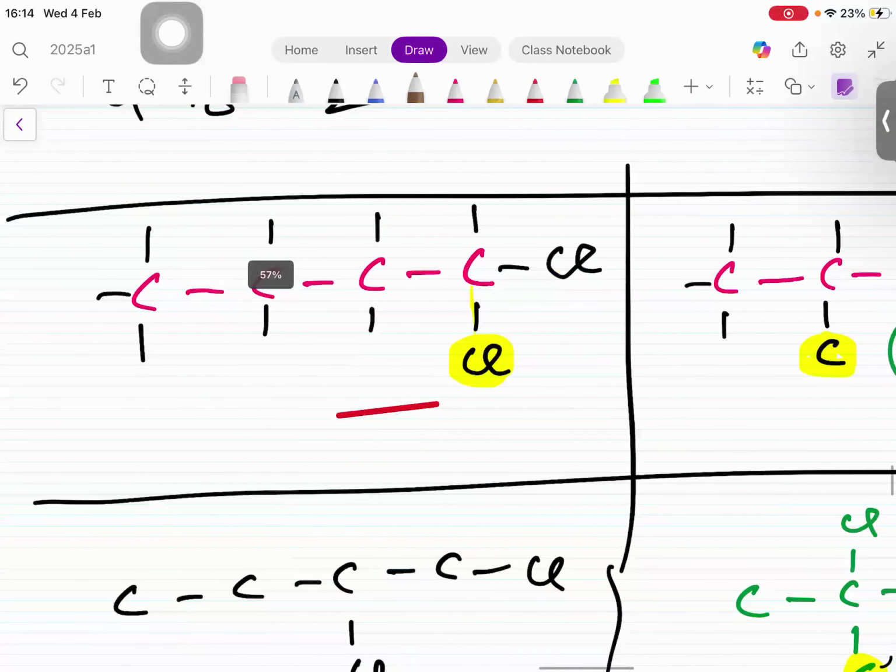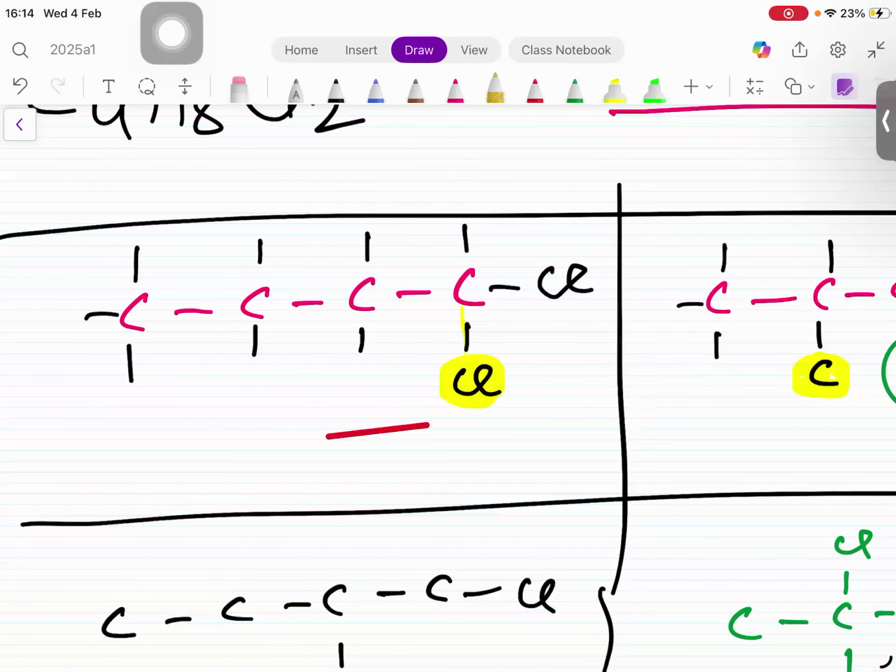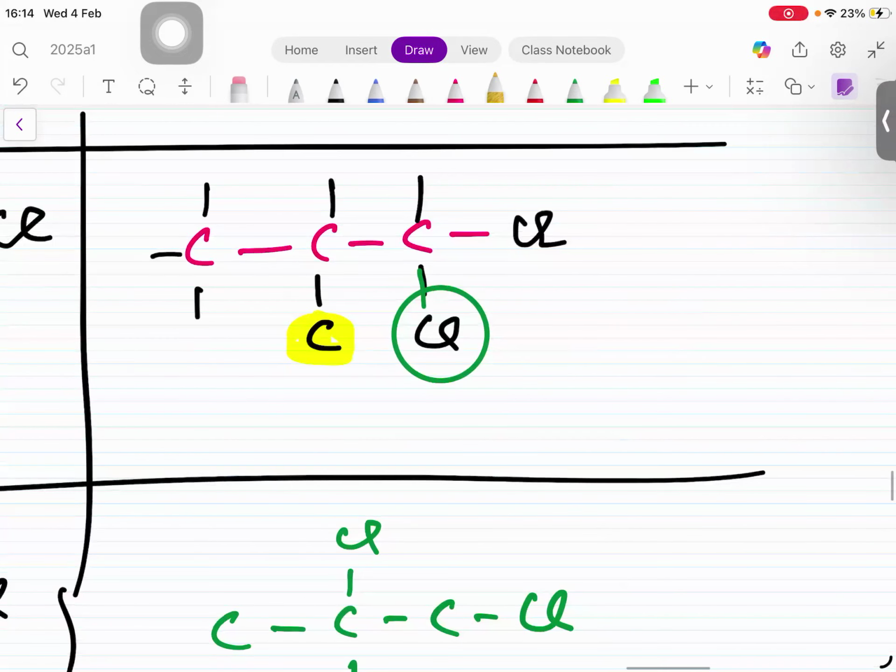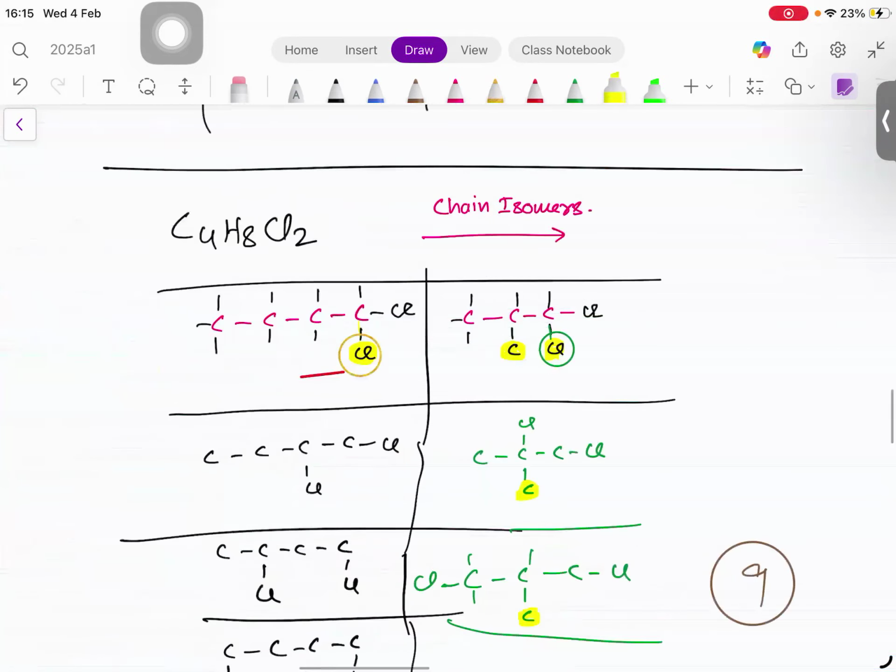This one. ये वाला, yes. ये वाला I move to the left, left, left. Every time I moved to the left, one at a time, तो नया isomer बनता गया. बस ये किया मैंने. And then इसके साथ भी यही किया. I took this chlorine and started moving to the left. Okay.